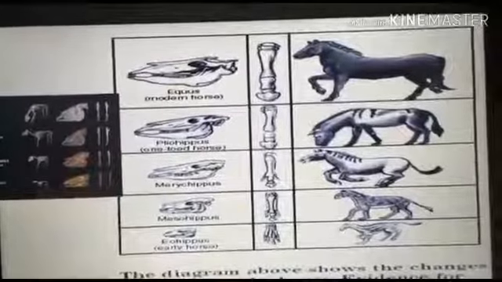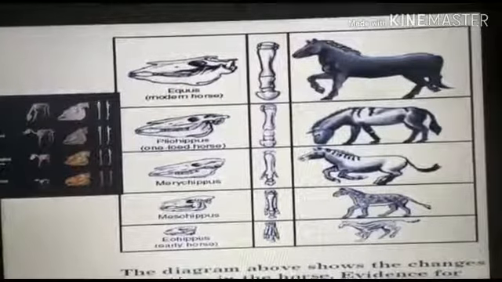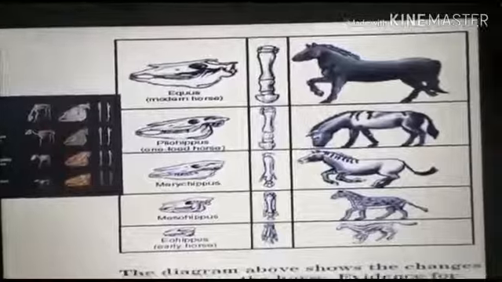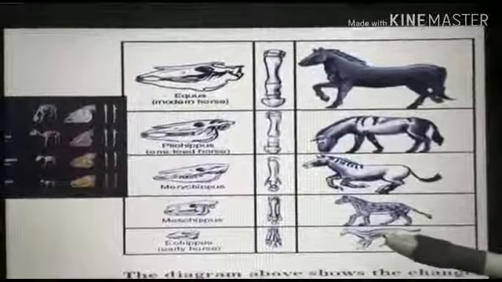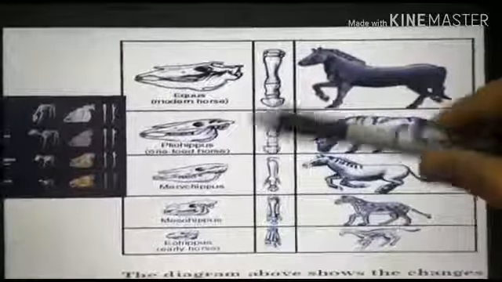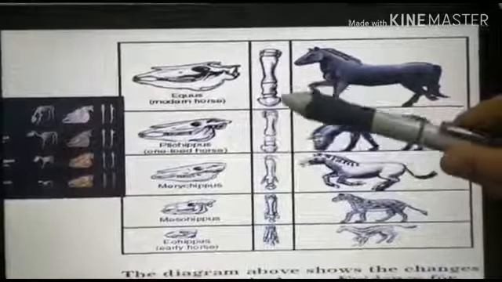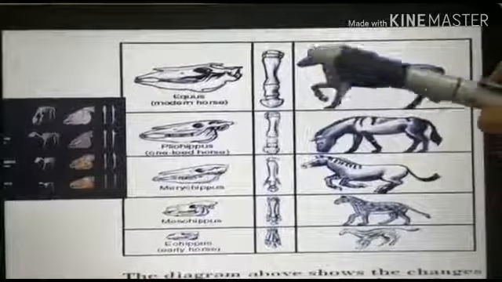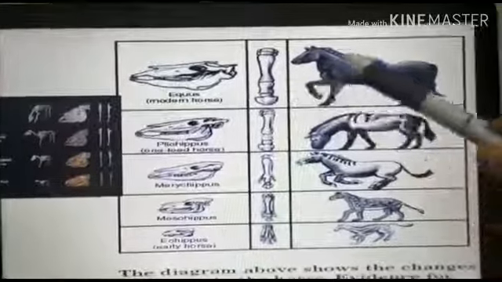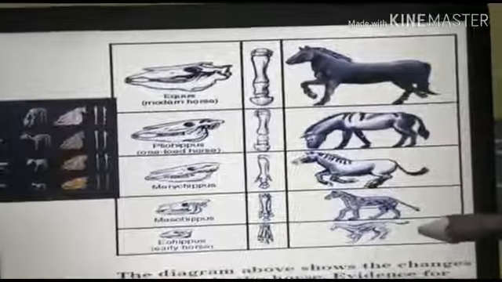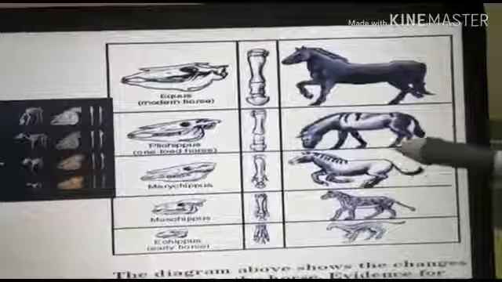Here you can see the fossil record of a horse. What is happening here? In the lower layers, we get fossils like this. This one is from the Quaternary, our last time period. So this is the horse nowadays. But look at these pictures. The old horse pictures are very different.